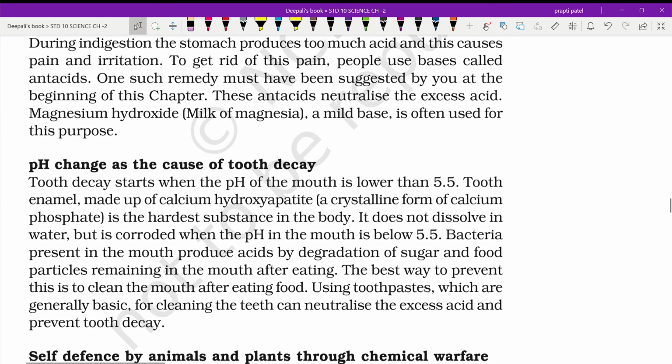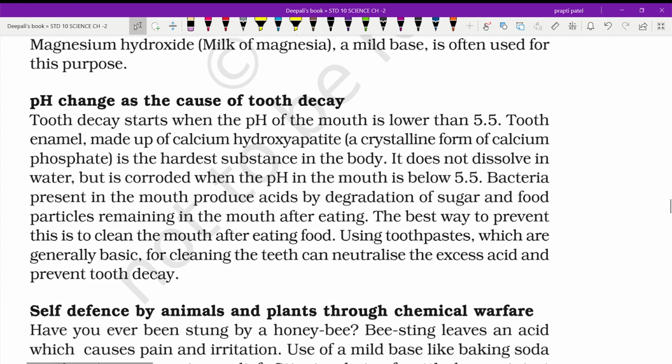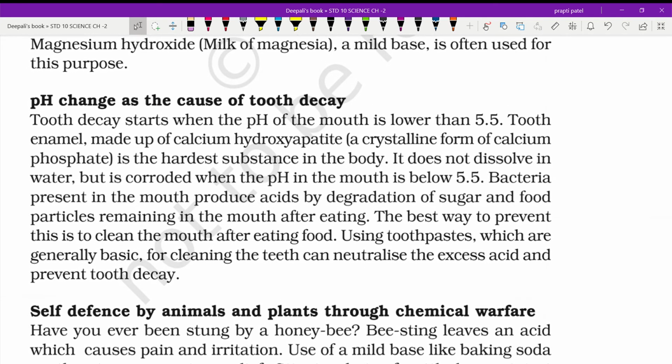Now, change in pH causes toothache. Toothache starts when the pH of the mouth is lower than 5.5, that is, very acidic. Tooth enamel, made up of calcium hydroxyapatite, a crystalline form of calcium phosphate, is the hardest substance in the body. You can note this down: your tooth enamel is the hardest substance in the body.